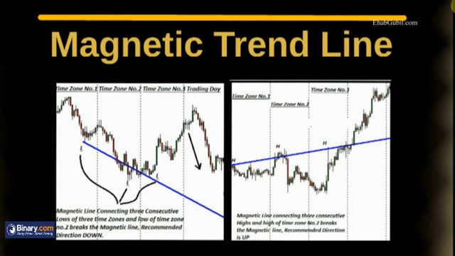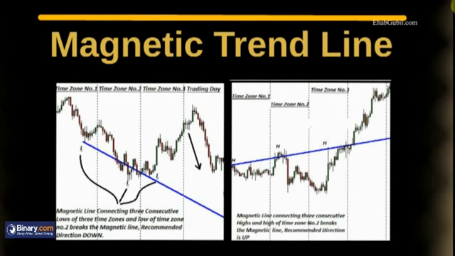We have two types of magnetic lines: a bullish magnetic line that will move with the price up, and a bearish one that will attract the price down. A magnetic line is just a simple trend line that connects high or low pivot points of consecutive time zones, with a specific breakout to be a valid one.